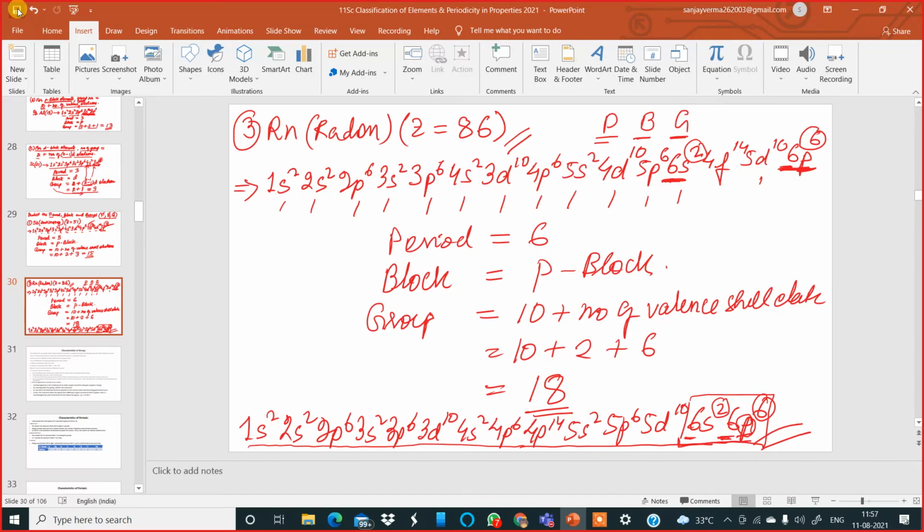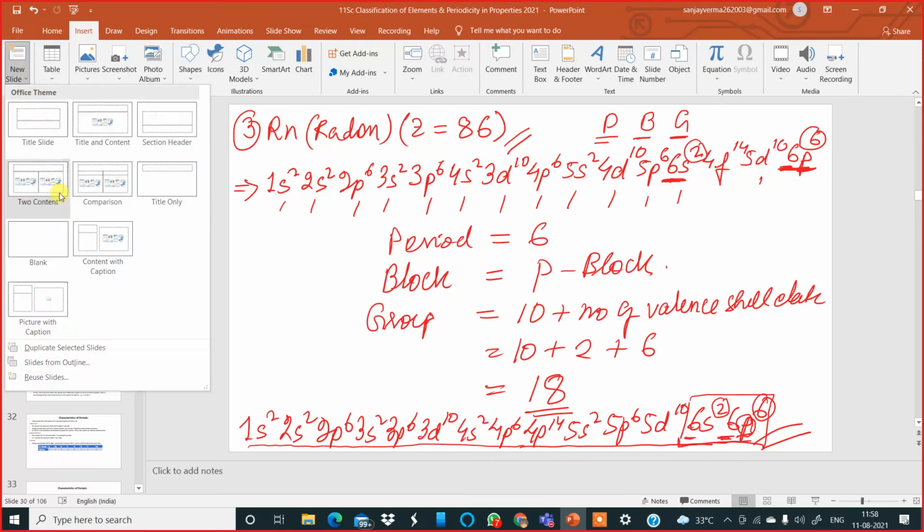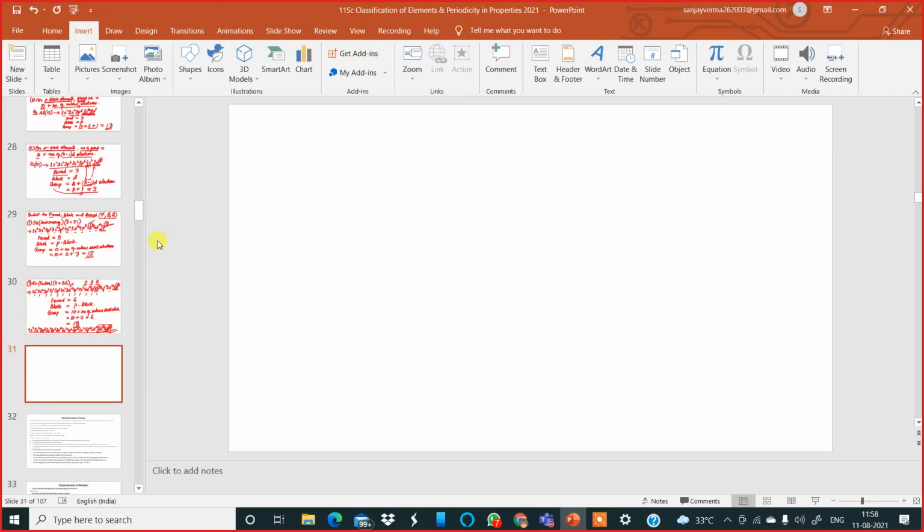Okay, now I am giving one more for you all to try. On the next slide, we have some 2 minutes left. In that 2 minutes, you can complete it easily. The atomic number of the element which I am going to give you is Z equals 82.